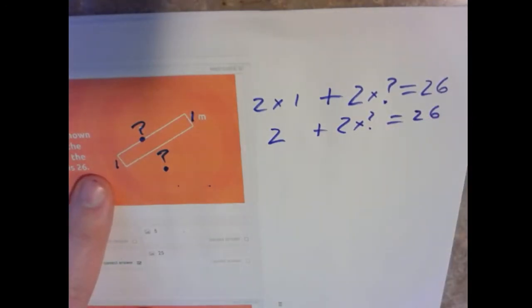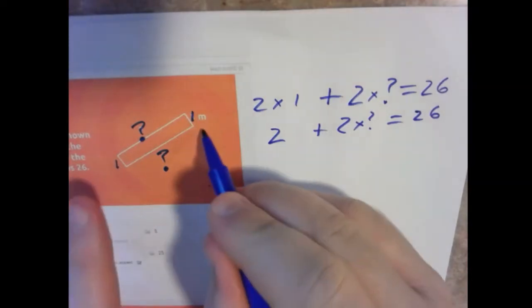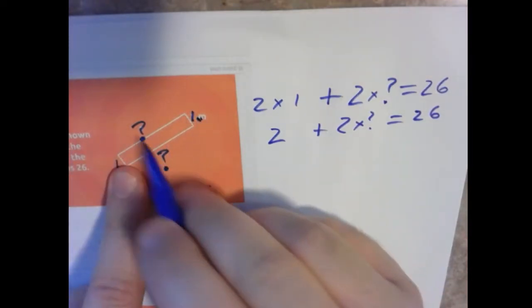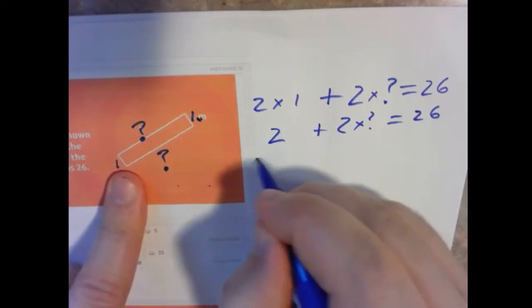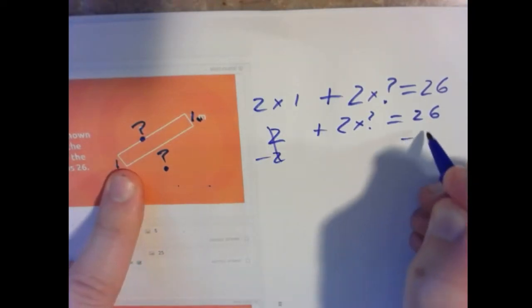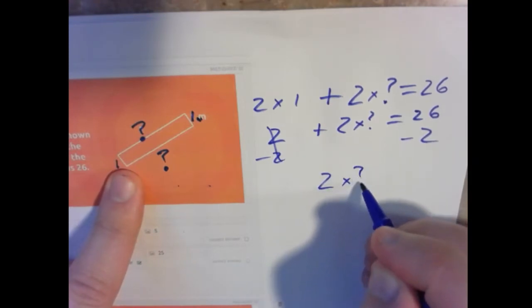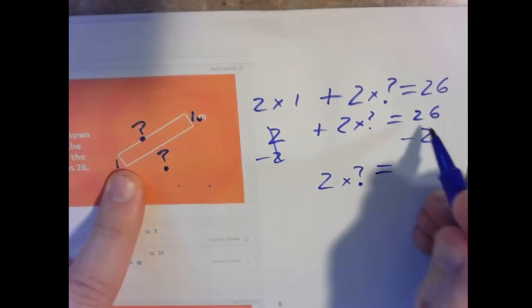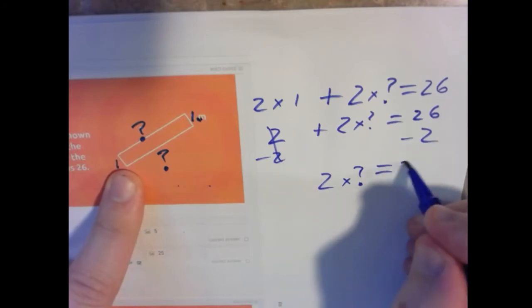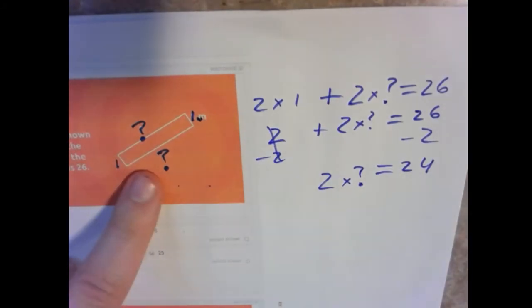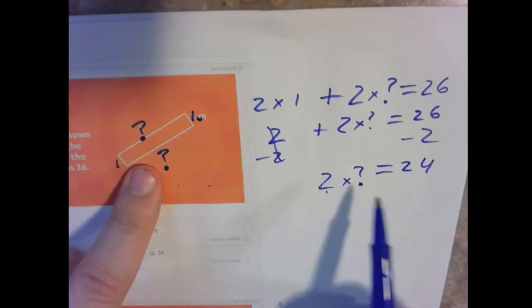So what if we were to subtract these two sides? Then we just have to worry about the question marks, the unknown. So we're going to subtract 2 from both sides. We have 2 times a question mark equals, what is 26 minus 2? That would be 24. So then we think 2 times what makes 24?